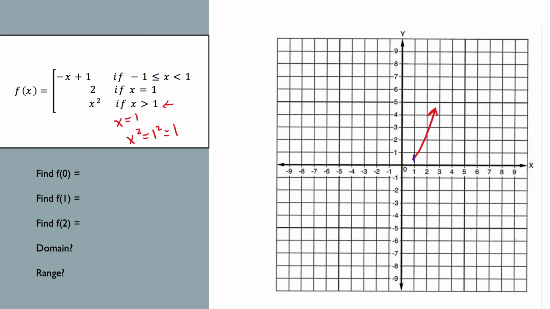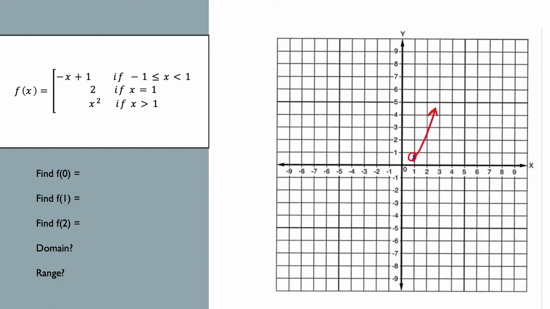And so that means that we have as a point 1, 1. But now keep in mind that that point is not actually included on the graph. So I'm going to put an open circle right here on the 1, because that point is not part of that particular function.